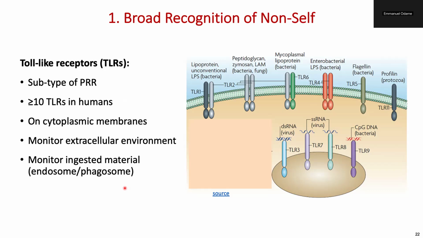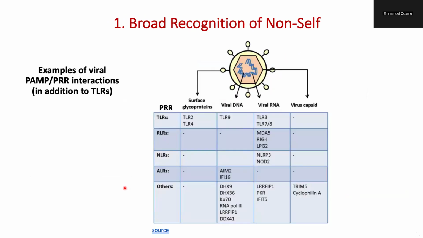They make sure they recognize everyone and just signal the immune system. And they are always available to monitor ingested materials through either endosomes or phagosomes.